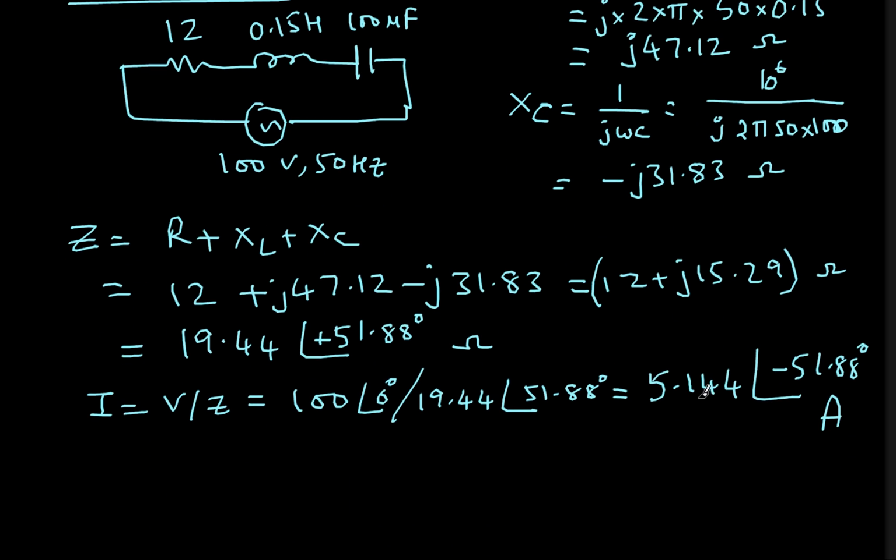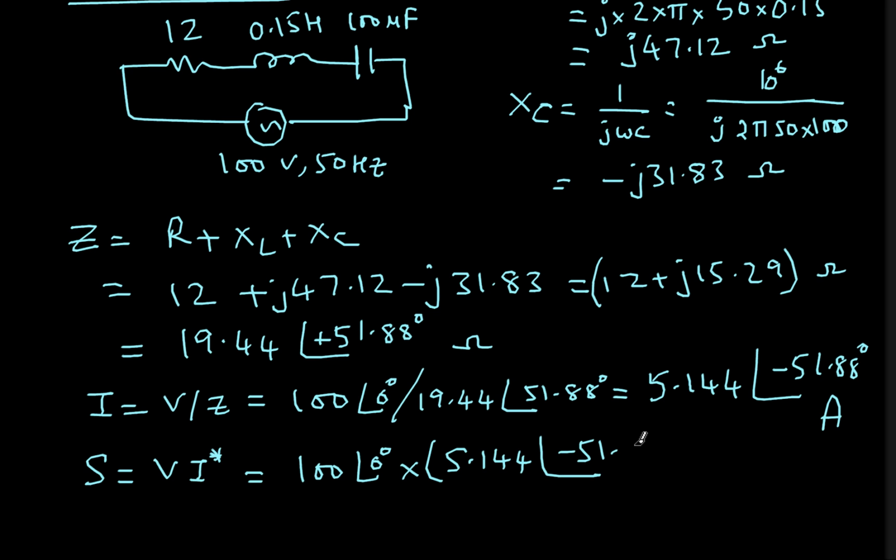Okay, so now I have the current. So complex power is nothing but V into I conjugate. So this is the formula for complex power. So V is 100 angle 0 degrees multiplied by 5.144 angle minus 51.88, whole conjugate. So the conjugate symbol is nothing but you change the sign of the angle.